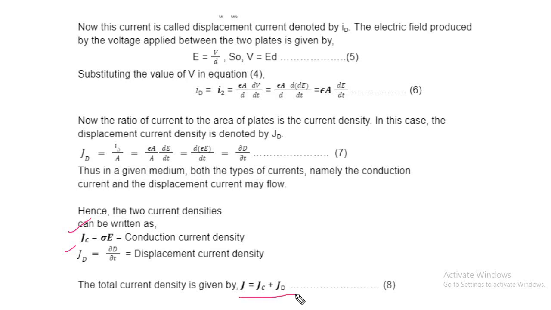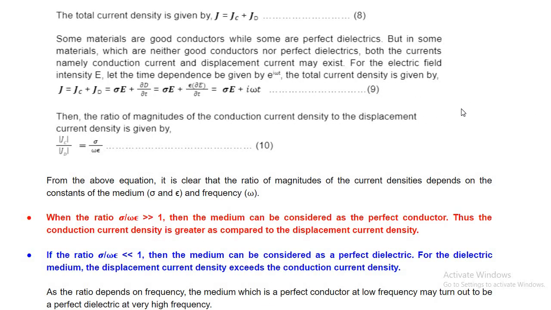Now the most important part is that in certain materials J_C is prominent, in certain materials J_D is prominent. But there are certain materials where both J_C and J_D are present. So where J_C is prominent and where J_D is prominent, you can check. Now for that we are considering that we have applied some electric field, exponential i omega t. So what is the exponential?